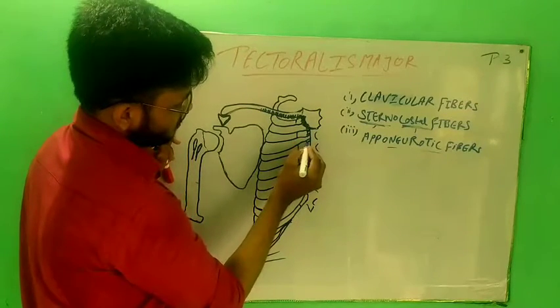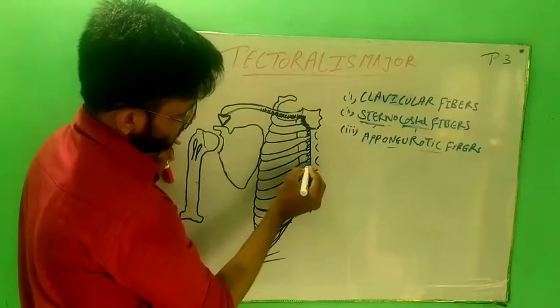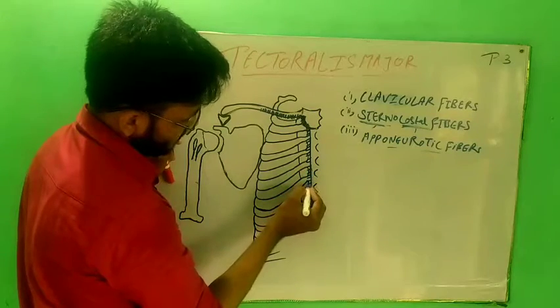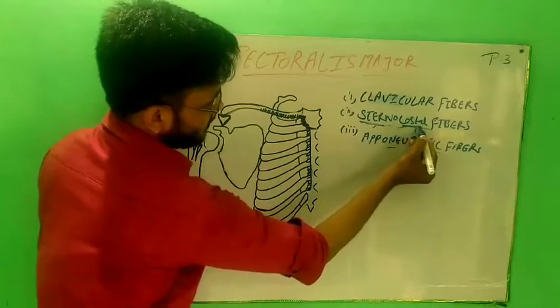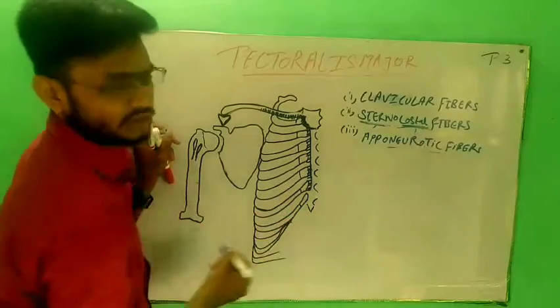These are the origin of the sternal fibers, and one part is left. This is costal.